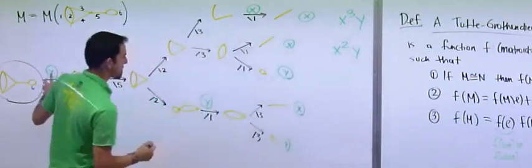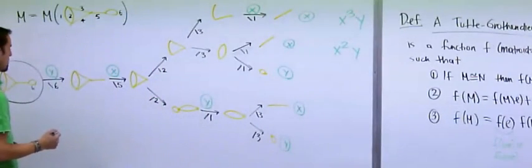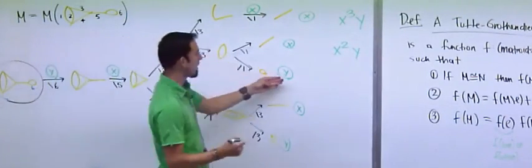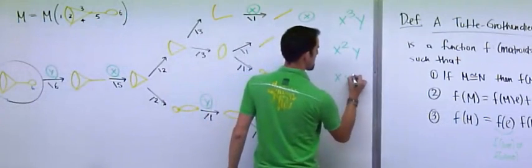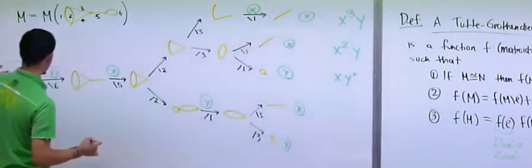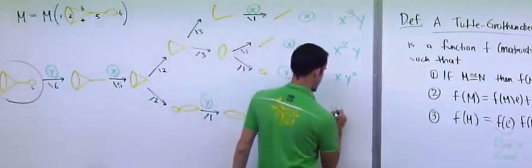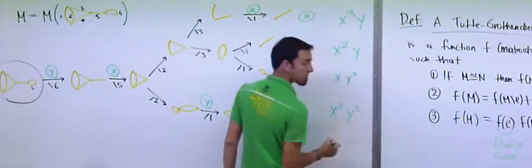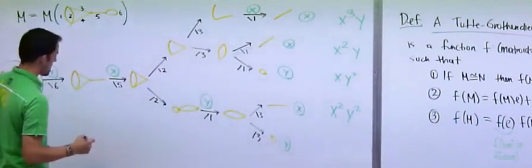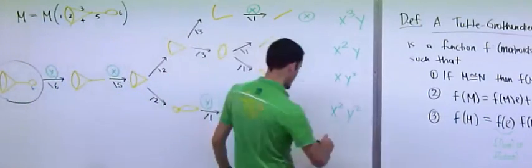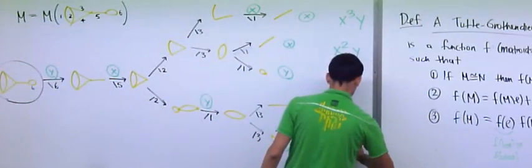So basically what I do is I just travel this tree in every direction. X, Y, Y. This gives me an XY squared. Then I come up this way, Y, X, Y, X. So this gives me an X squared Y squared. And then Y, X, Y, Y. X, Y cubed.